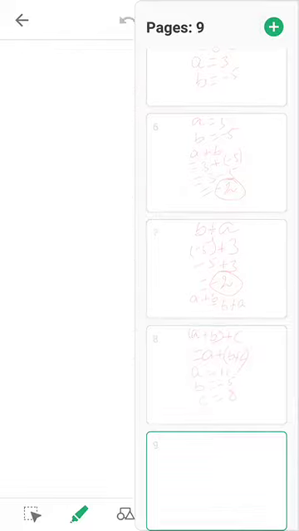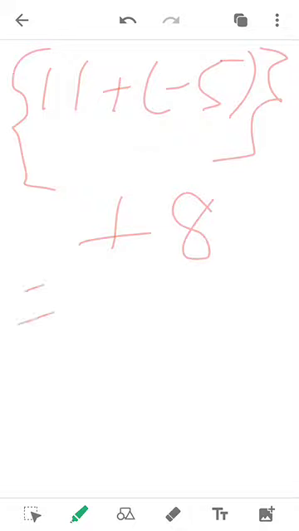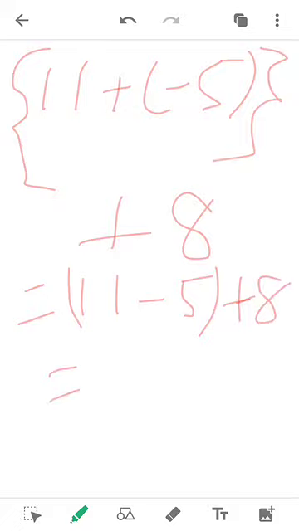From one side, 11 plus minus 5 plus 8 is equal to 11 minus 5 plus 8, which is equal to 6 plus 8, which is equal to 14.